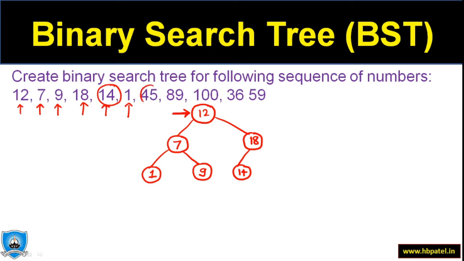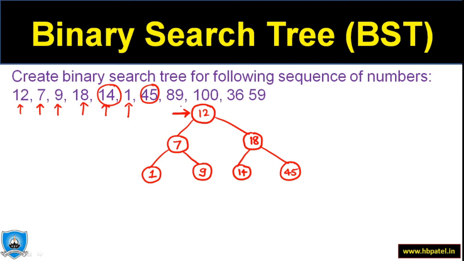Then comes 45. So start comparing from 12. So 12 is less than 45, so 45 should go on the right hand side. On the right hand side I am having 18, so 45 is greater than 18, so it should go on the right side of 18. Next comes 89.